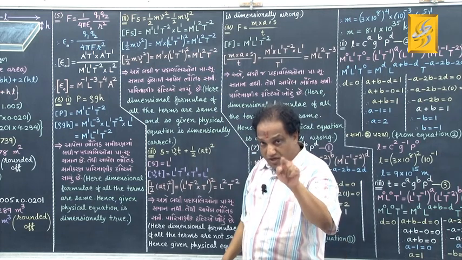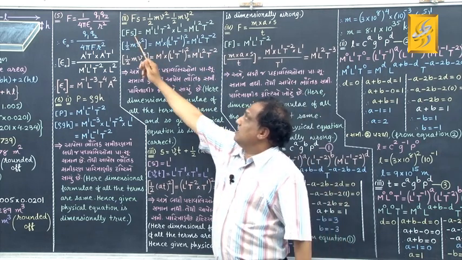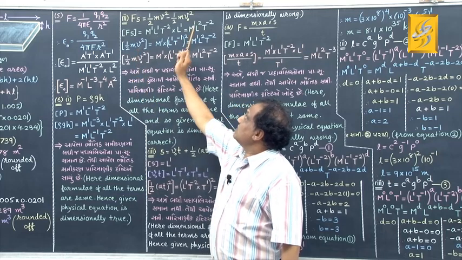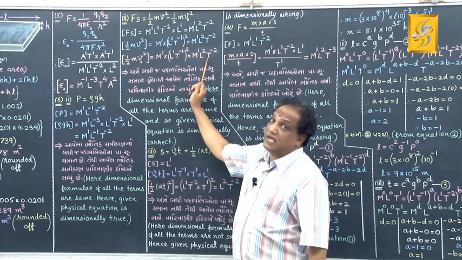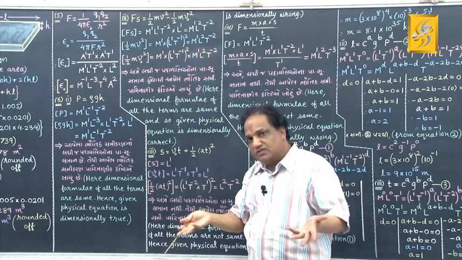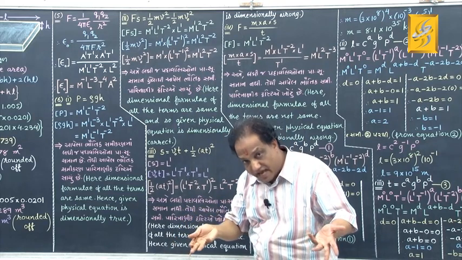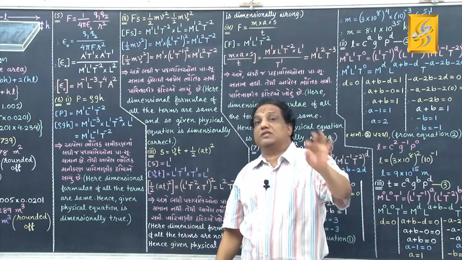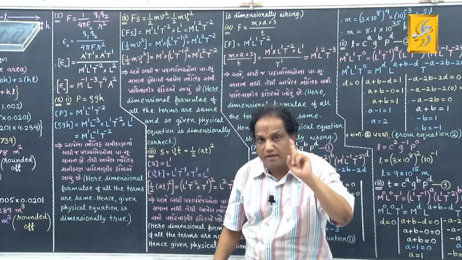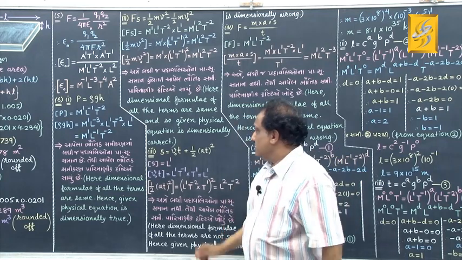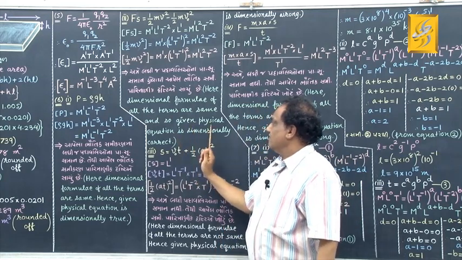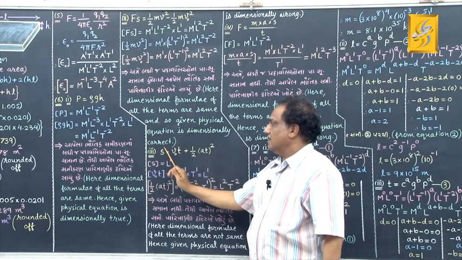Correct? Now here also you can see all these 3 terms have the same dimensional formula. That is why we have to write the final answer as: given physical equation is dimensionally correct. Same thing I have written here, given physical equation is dimensionally correct.